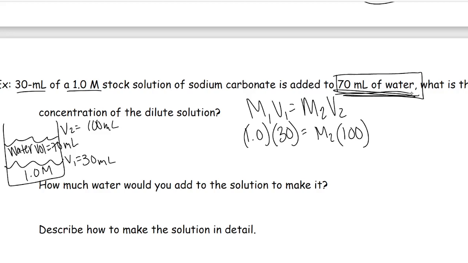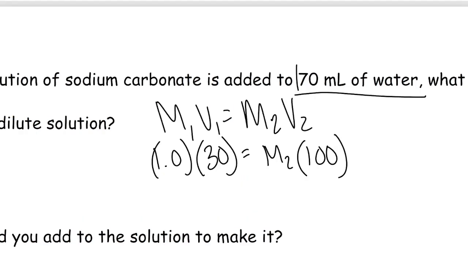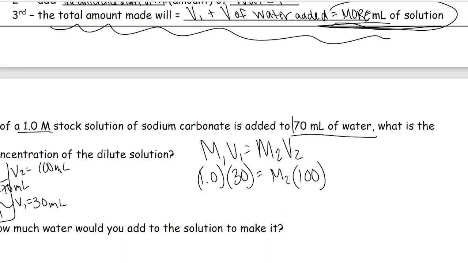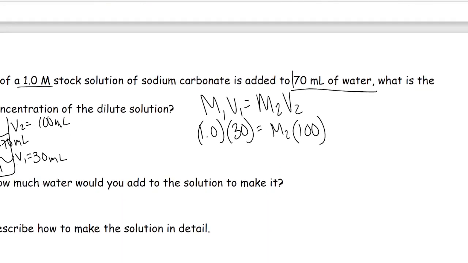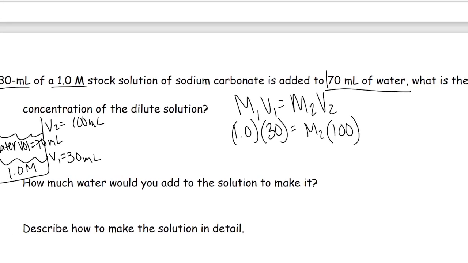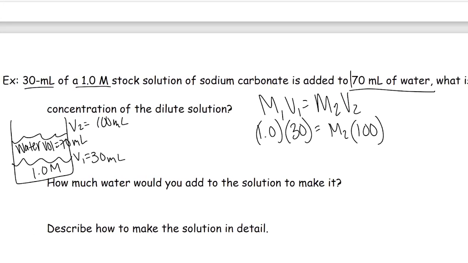It says this much water is added to my initial volume. As far as liters versus milliliters, in the M1V1 equation, if you put milliliters in, you get milliliters out. As long as your units for volume match on both sides, it can be in either liters or milliliters. For molarity, it's just going to be in molar the whole time.